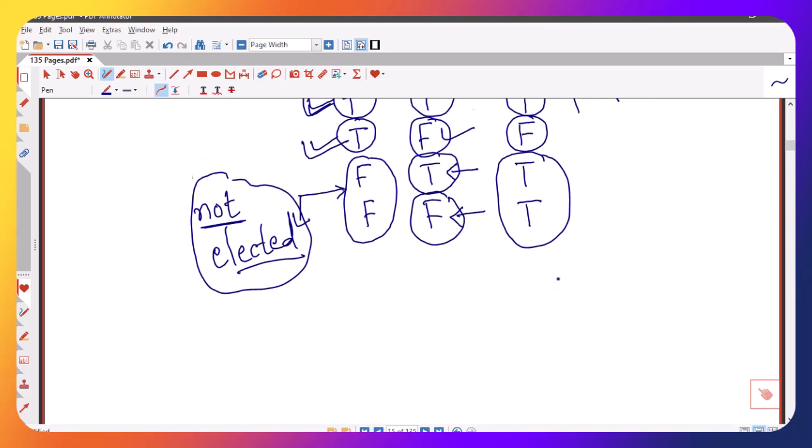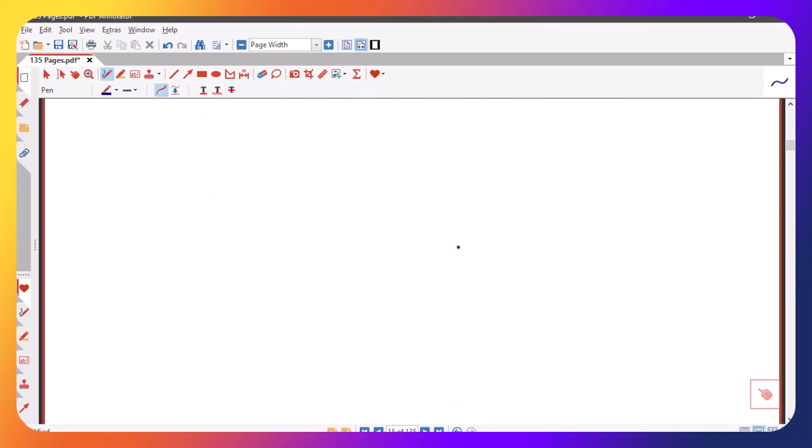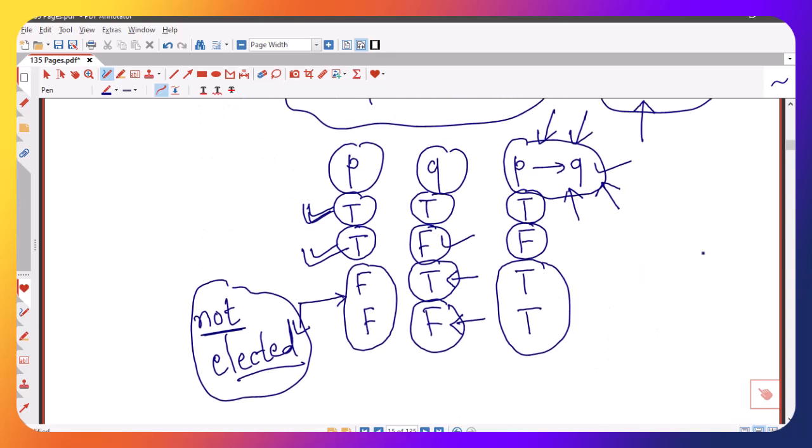So this is the definition of the conditional statement P→Q: it is true whenever P is false, and it is true if P is true and Q is true. It is false only if P is true and Q is false.